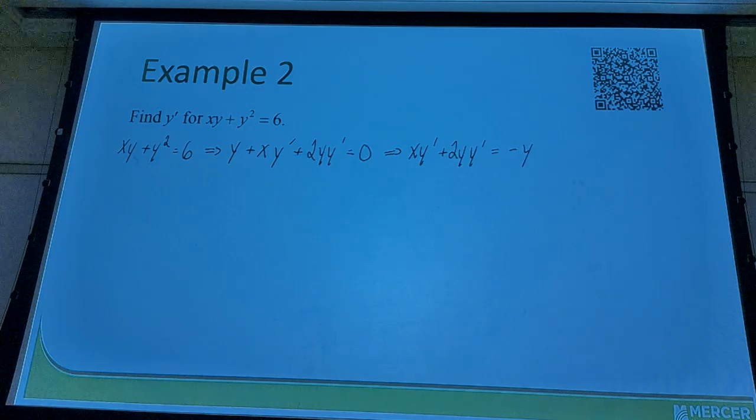So we need y prime on one side, everything else on the other. And factor out a y prime. And divide by that x plus 2y.